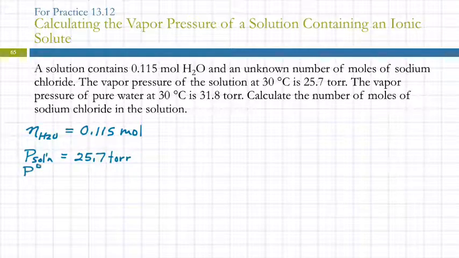And we know the vapor pressure of pure water, and that's 31.8 torr. And we want to know the number of moles of sodium chloride. So we're looking for moles of sodium chloride.